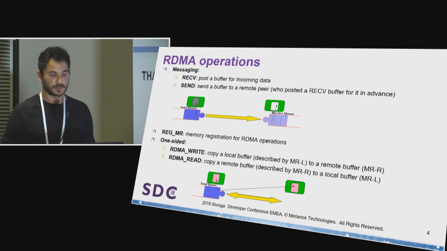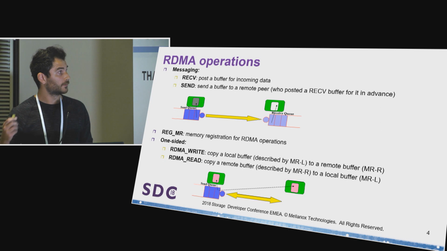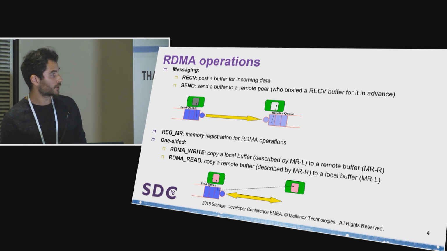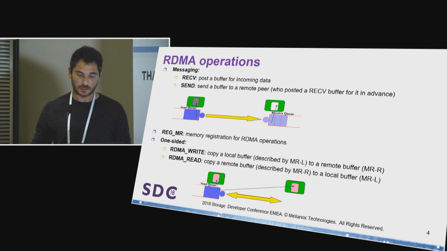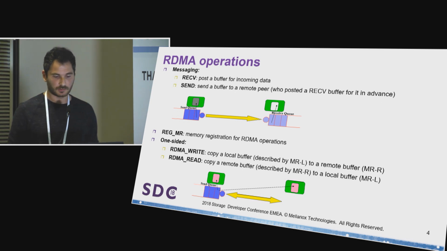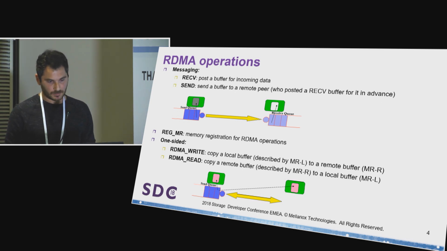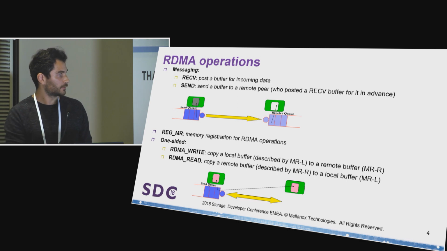And the second one is sending a buffer to a remote peer that previously posted a receive buffer to receive this data. We also have a memory registration operation called regmr, which I will explain in the next slide. For now, it's just to give an example of the need for the one-sided operations.